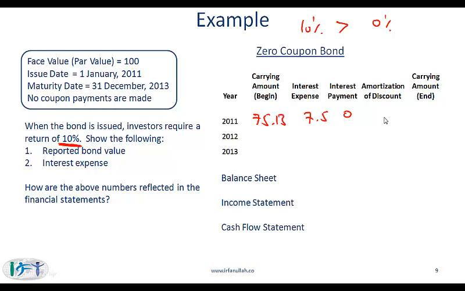So now the amortization of discount is the difference of the two, which is 7.5, and the carrying amount at the end would be 75.13 plus 7.5. So this value will go up. And when we keep doing this for 3 years, how much should we have at the end of 3 years? At the end, you should have 100.